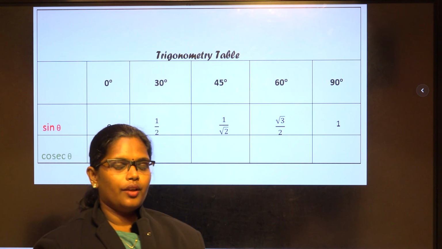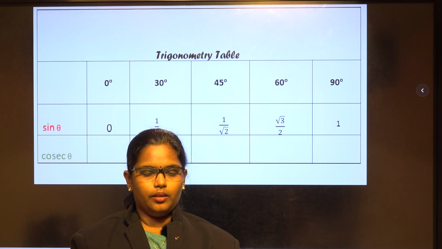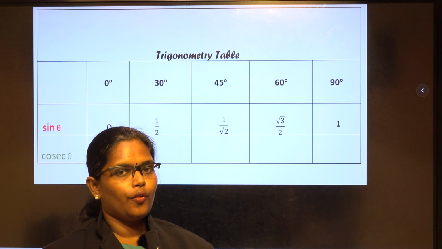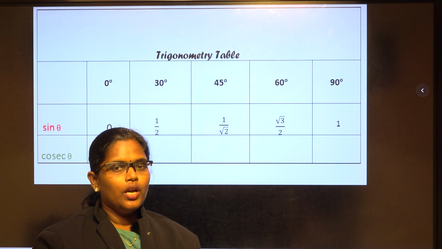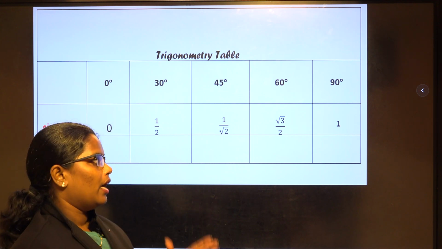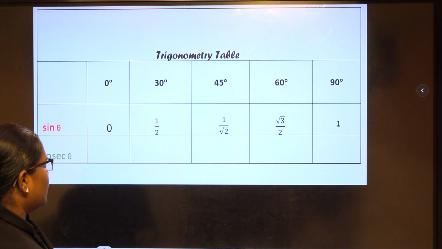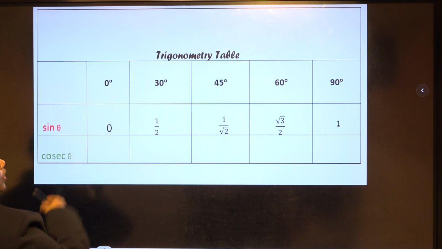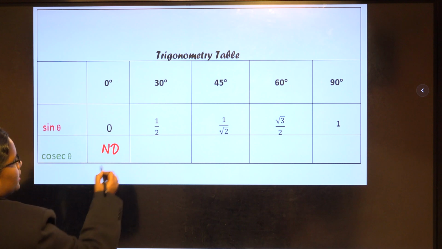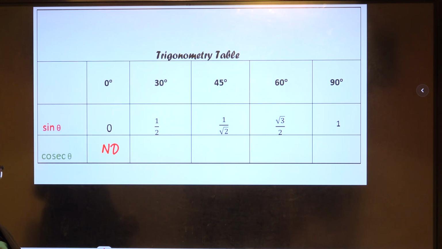Next, we are going to derive the values for cosecant theta. We know that cosecant theta is the inverse of sin theta. So, if we invert all the values of sin theta, we will get the values of cosecant theta. We know the inverse of 0 is not defined. Next, we have 1 by 2.